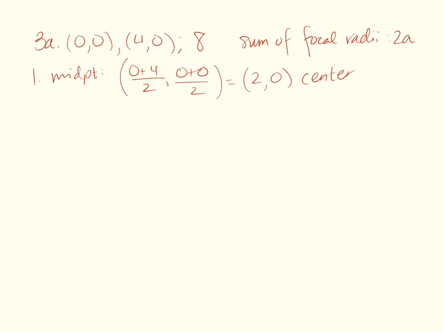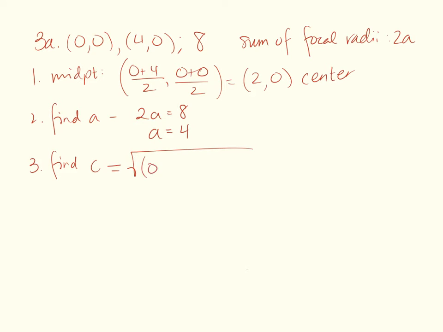Then I need to figure out c and I need to find a. Let's find a first by setting 2a equal to 8, because 8 is the sum of the focal radii, so a must be 4. Then we're going to find c. Say you can't remember the formulas, here's the fastest way: do the distance formula between the center and one of the foci.